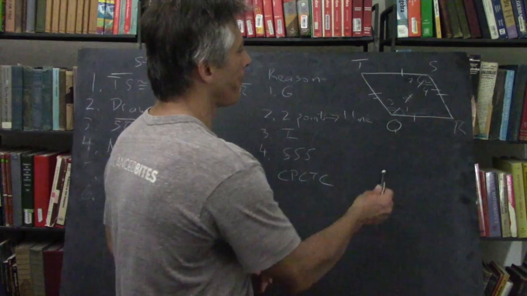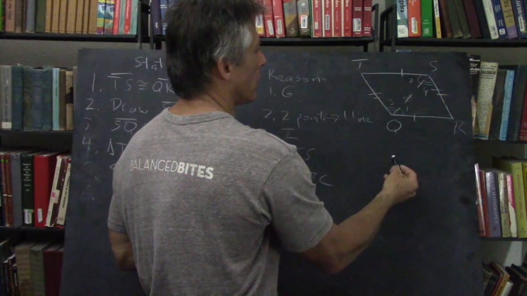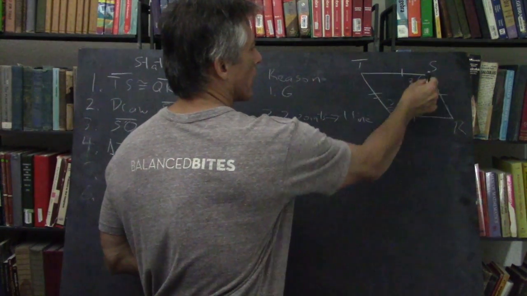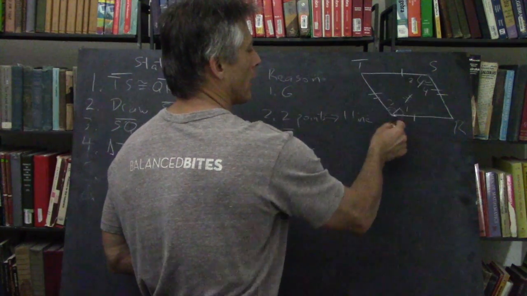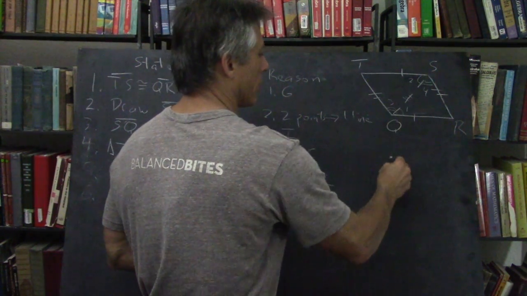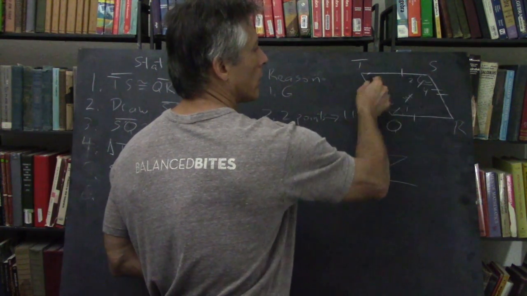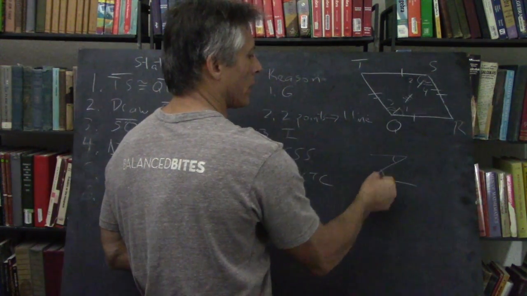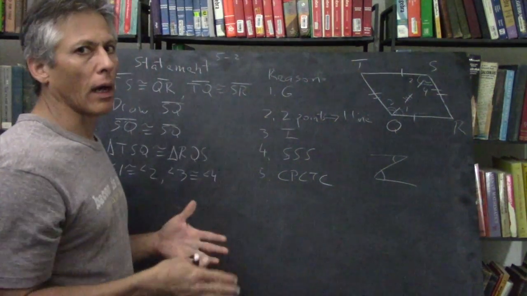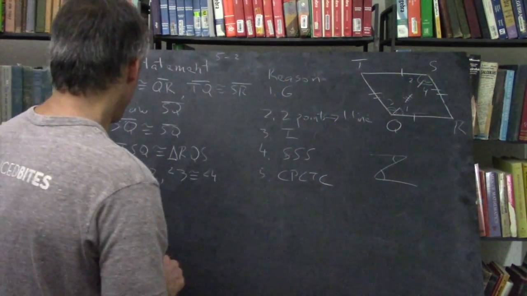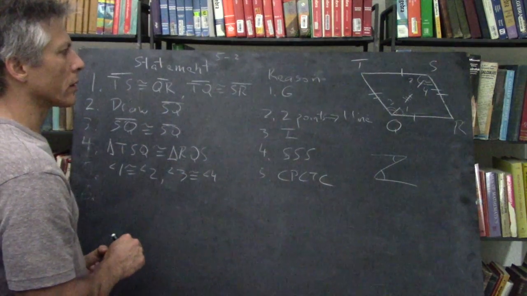And then since 1 and 2 are congruent, that is 2 is right here and 1 is right here, and if we look at those three lines, it makes a Z. And we're talking about these angles here. So we have alternate interior angles. Those are congruent.